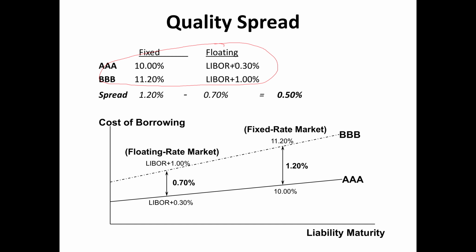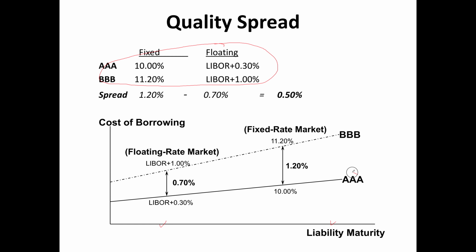If we look at it in terms of term to maturity, short-term loan and long-term loan, the horizontal axis is the loan maturity, and the vertical axis represents the cost in percentages.